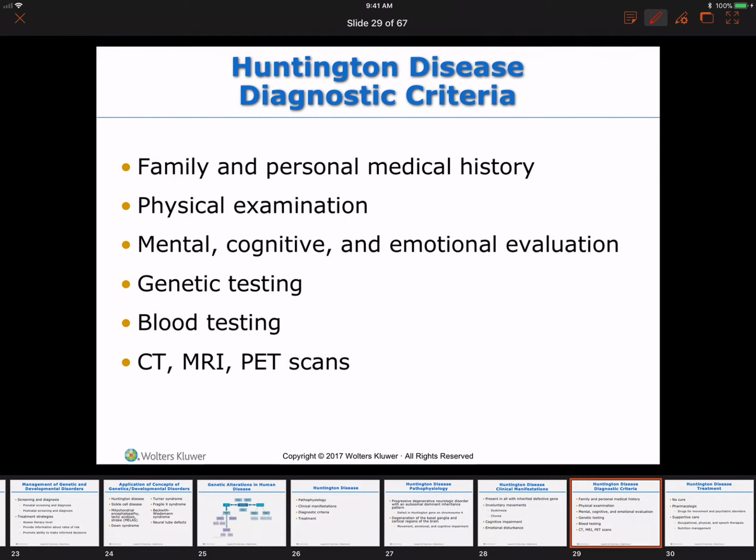In terms of diagnosis, usually it requires medical history, so family history, genetic history, physical exam for all the brain-related or neurological symptoms, and then evaluation of the emotional, the cognitive, the mental status, genetic testing, blood testing, and then brain scans, various forms of scans. CT, computed tomography, magnetic resonance imaging, MRI, and positron emission tomography, which is the PET scan.